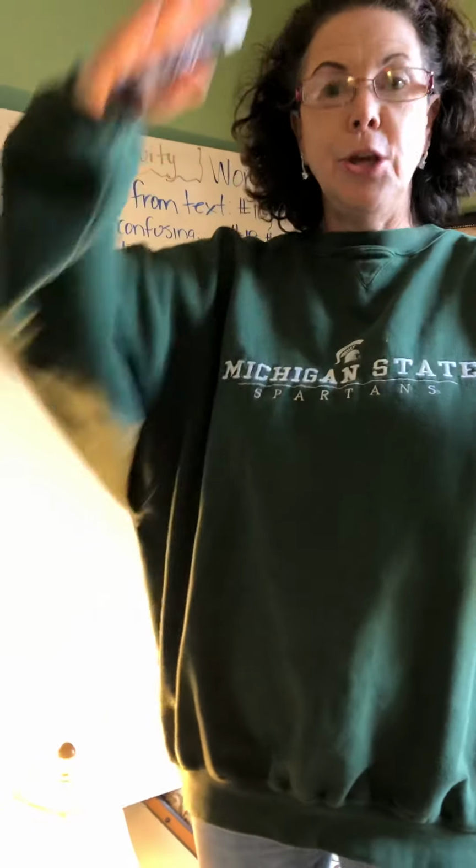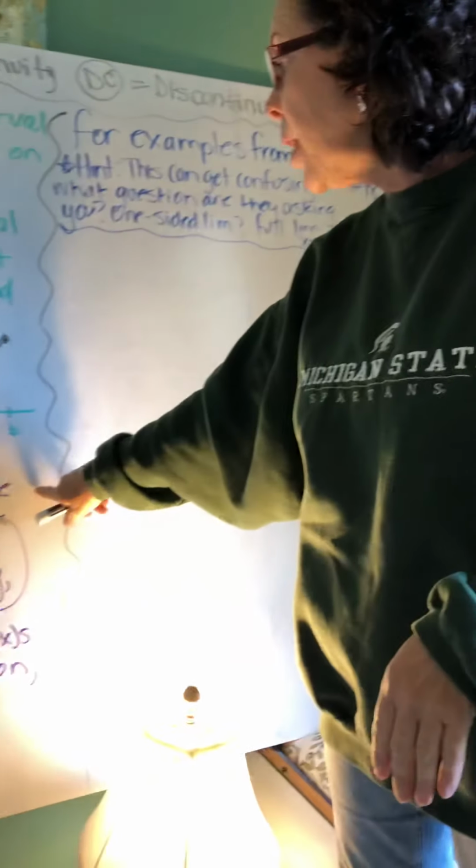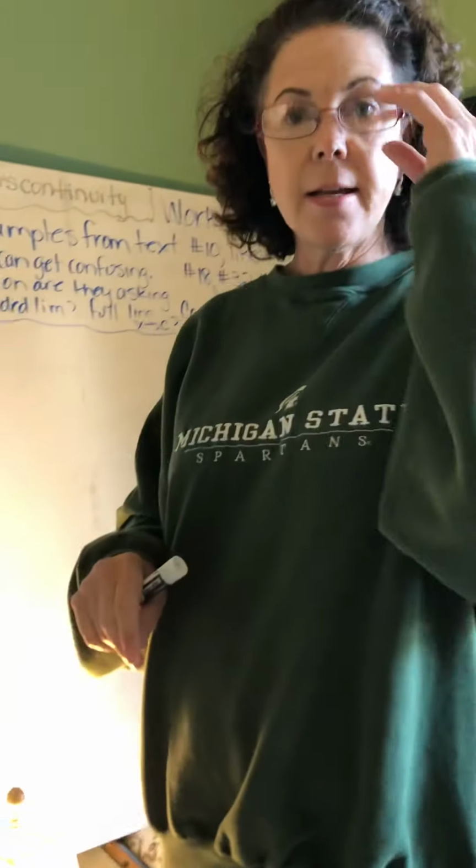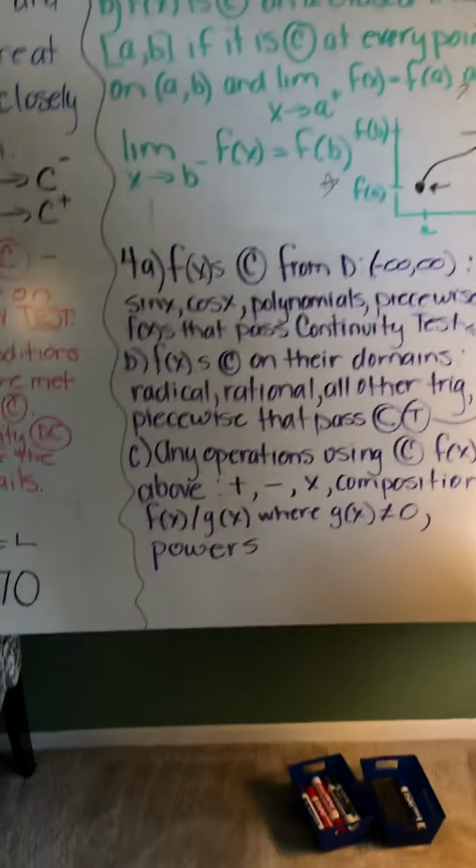Polynomials, lines, quadratics, cubics. Piecewise functions that pass the continuity test, right? For piecewise functions, there's obviously room for the function to be discontinuous because it's in pieces, but if those pieces connect, then the piecewise function will pass the continuity test.